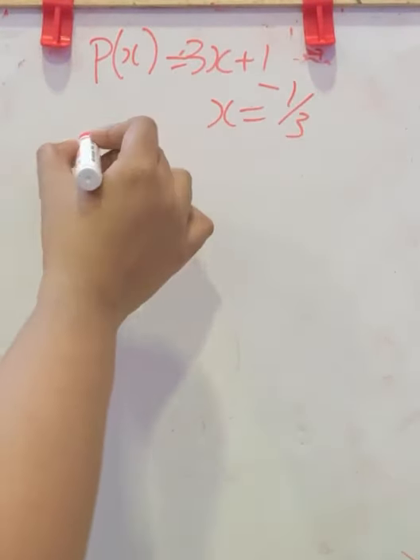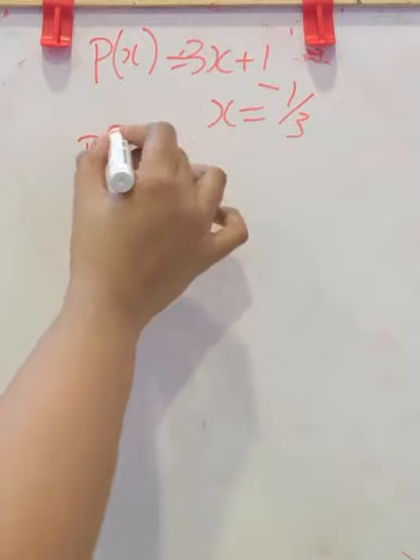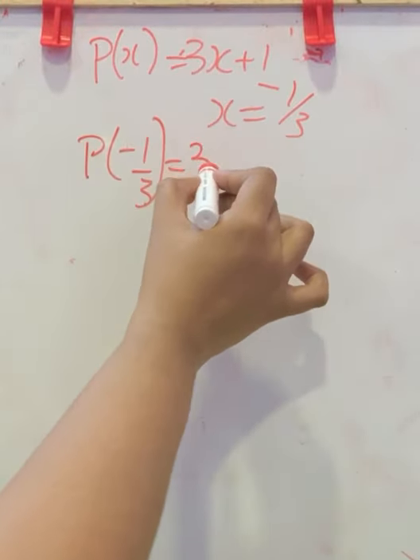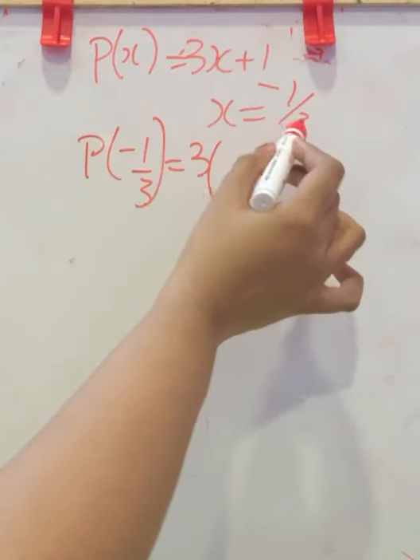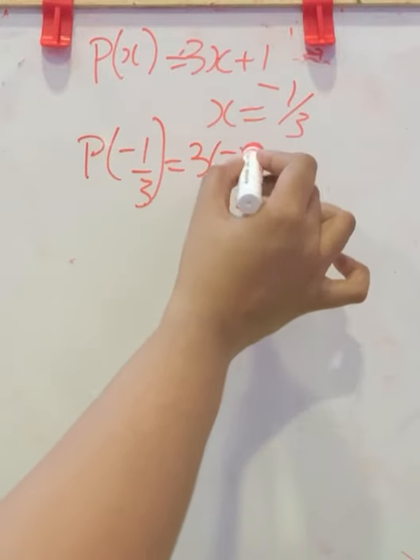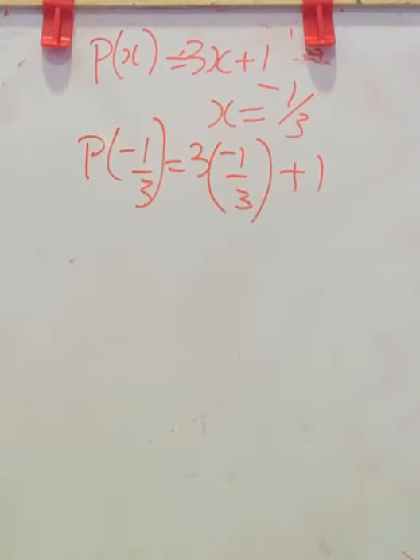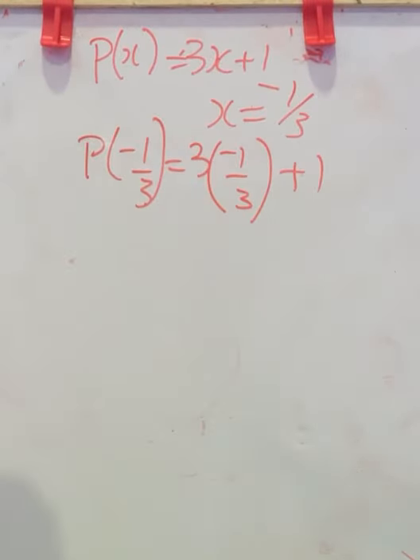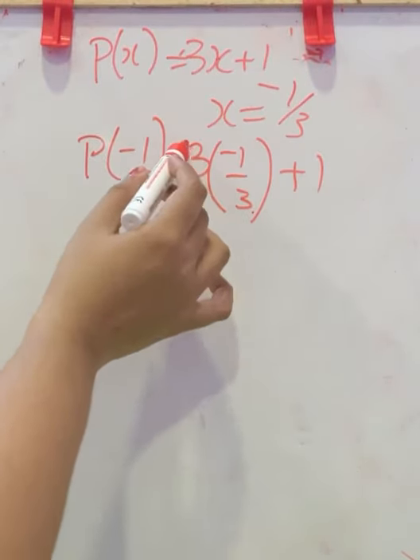Let us check here. We want to find P of negative 1 by 3. Then substituting in x, we will get 3 into, instead of x, we will write negative 1 by 3 plus 1. Now, we know in numerator and denominator, if there is any common factor, we can cut it. So, here 3 and 3, we will cut it.